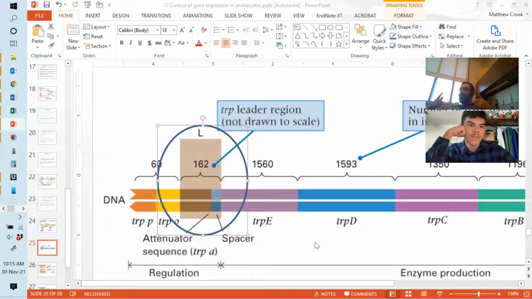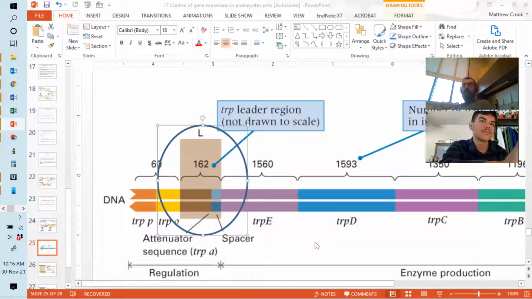Hang on, let's dial things back a little bit. So in terms of transcription and translation, what's one of the key characteristics of bacteria, prokaryotes? What can you say about transcription and translation in bacteria that you cannot say of eukaryotes? Like they can happen at the same time? Correct, exactly. They are coupled.